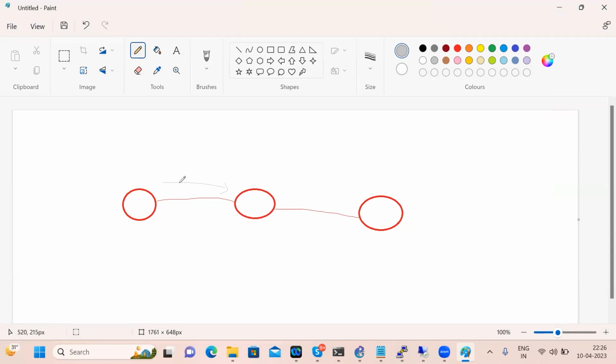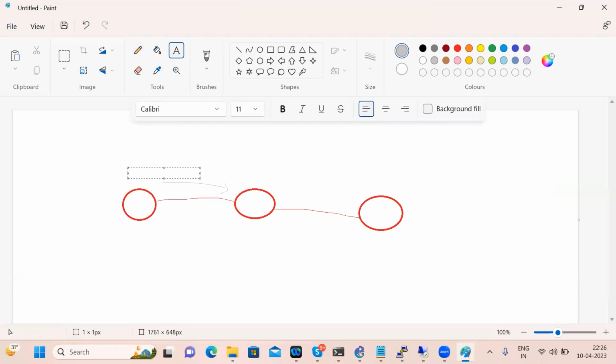Suppose on router 1 you have a network of 11.0, or make it 22. Here you have a 33. Here you have a 44.